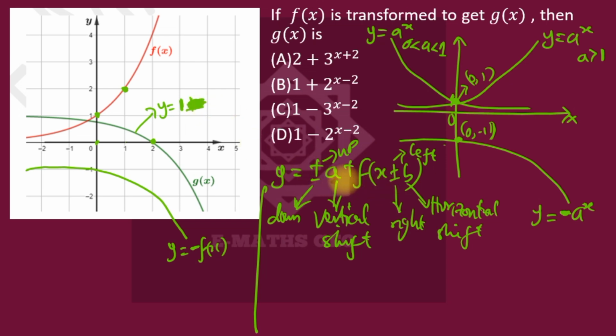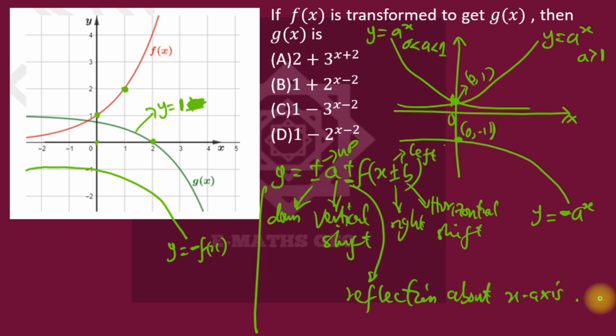If you have minus here, it means reflection about the x axis, not y axis. So this is 1 minus f(x). We moved 2 units. Our main aim is now to get f(x), because they gave us the actual exponential graph, not just f(x). So how do you get it?